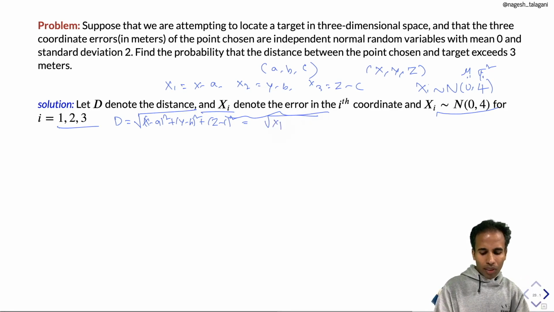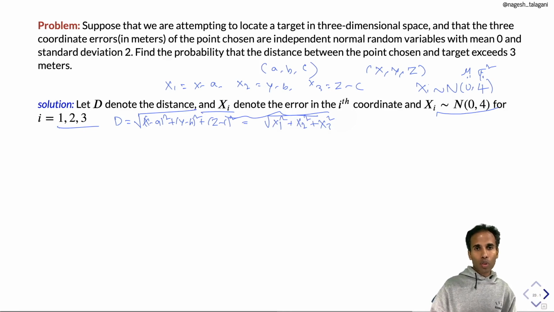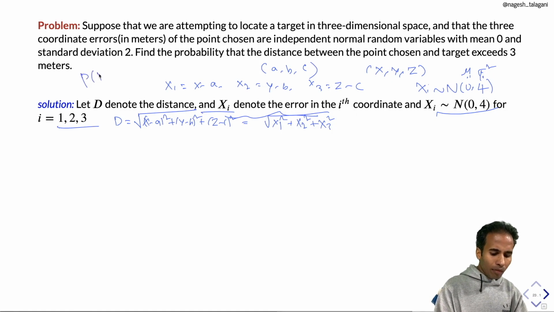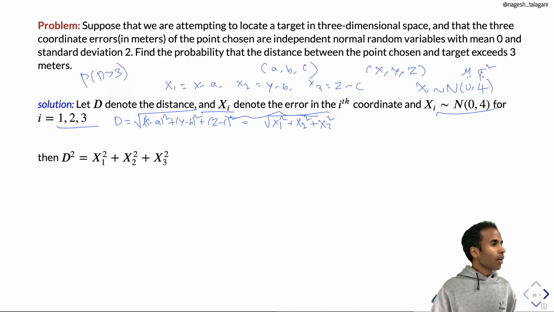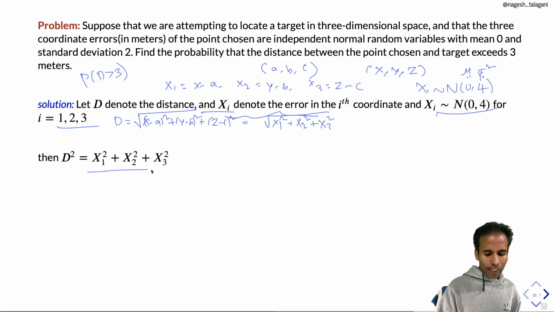So that is going to be the square root of x1 square plus x2 square plus x3 square. This is the distance between the point we have chosen and the target. Here we are interested in the probability of D bigger than 3. Now D square is going to be x1 square plus x2 square plus x3 square.